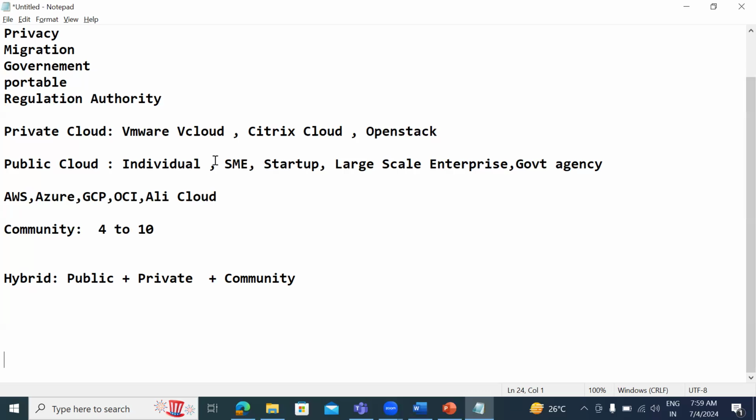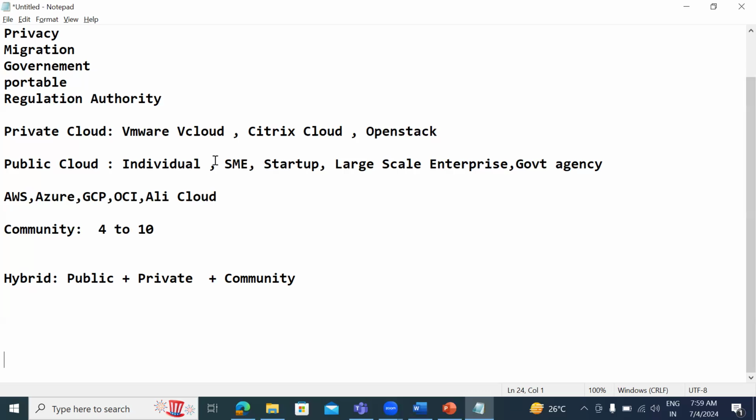They want things that can be highly scalable and elastic. Even if another million users come, I want to provide the support. These kinds of servers will be kept in the public cloud. So most of the enterprises are taking both advantages, the advantage of public cloud and the advantage of private cloud.